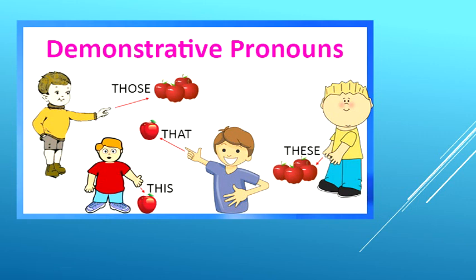So, it is beautifully shown here: those, that, this, these. How are these words used to show or point out any object or any person? Now, let us understand.